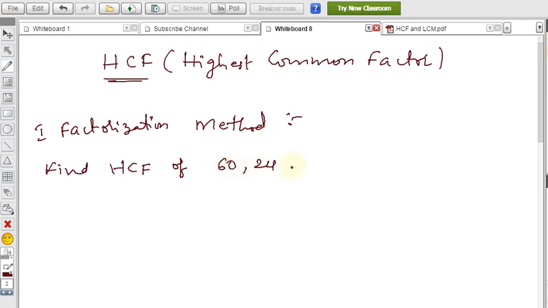When I did prime factorization, for 60 I got 2 power 2, 3 power 1, 5 power 1.